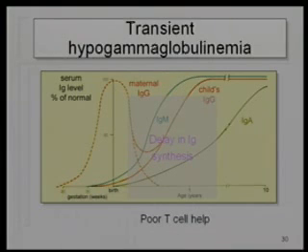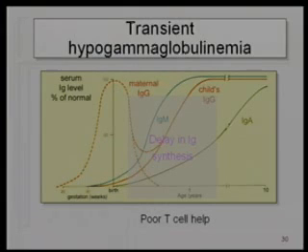And normally it develops in this pattern, okay, between birth or between 3 months and 2 years or 3 years of age, at different rates in different individuals. But some children have some defects which are not very well characterized and defined, that there is a delay in this process of immunoglobulin synthesis by their own cells. And consequently, during this window between 6 months and a year or 2 years, they have very low immunoglobulin levels.